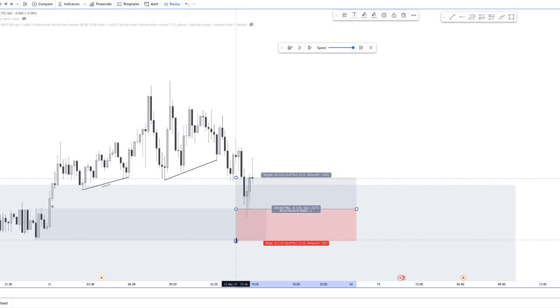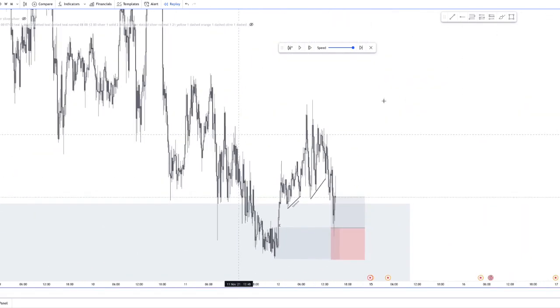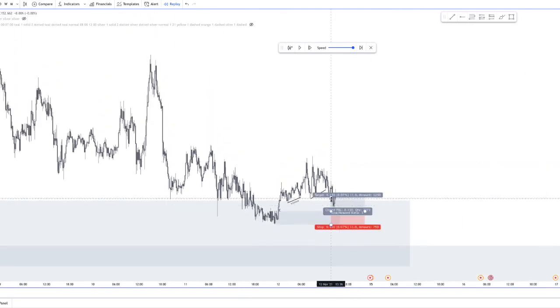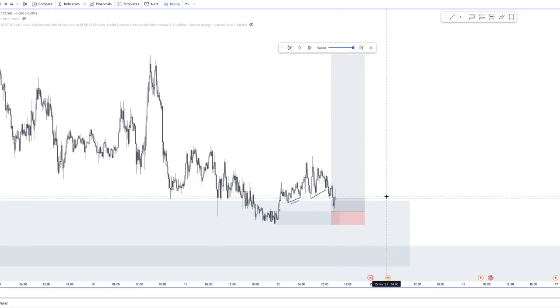So my entry time frame is aligned with my swing time frame. If you take this trade down there, of course the target is this liquidity, and it's already 1 to 11 R. It's great.